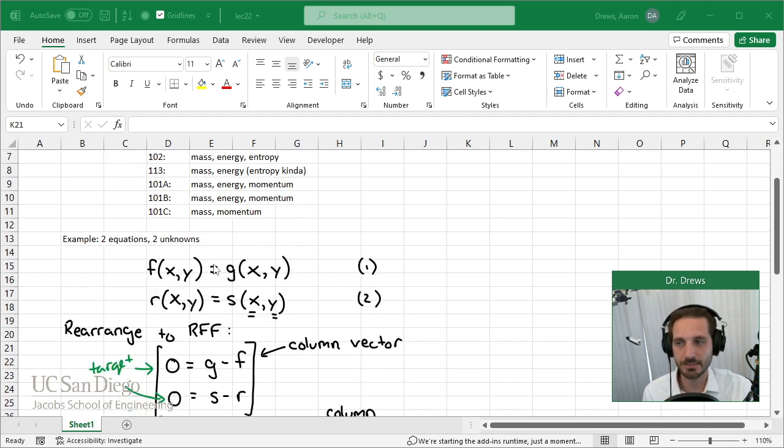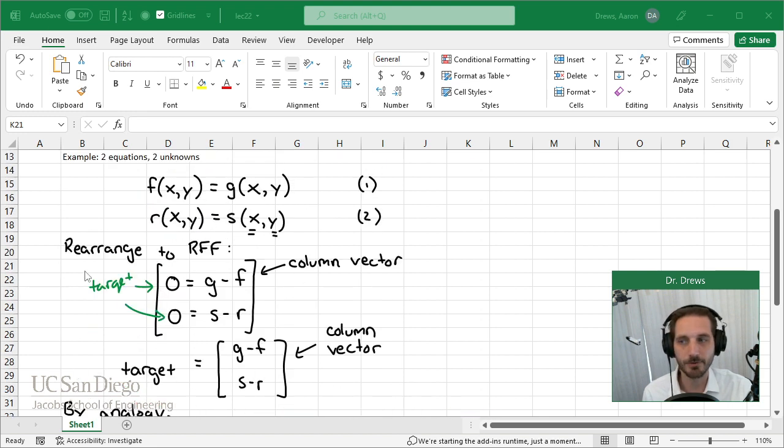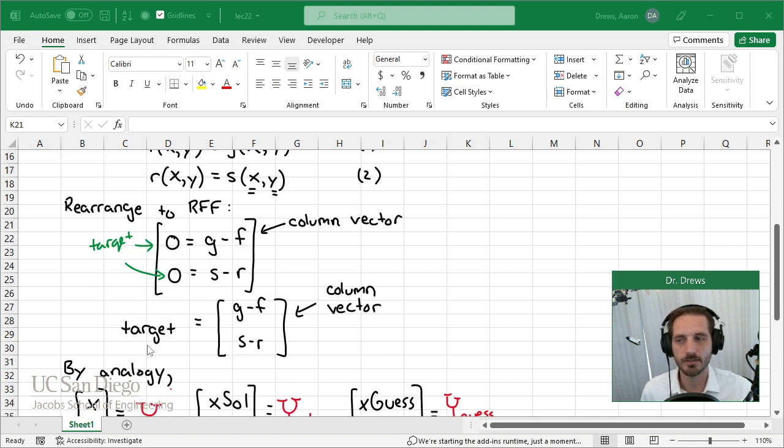So the general idea is we start with 2 equations, which I've just labeled 1 and 2 right here. We rearrange those equations to root finding form, which is the same as what we did for a single equation, but now we bundle them as a column vector. So we think of the first row as the first equation and the second row as the second equation. Our target variable is similar to the target that we had before, which is to say that when all elements of that target variable are equal to 0, then we say we have found a solution.